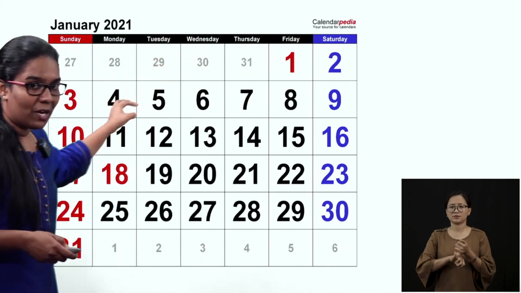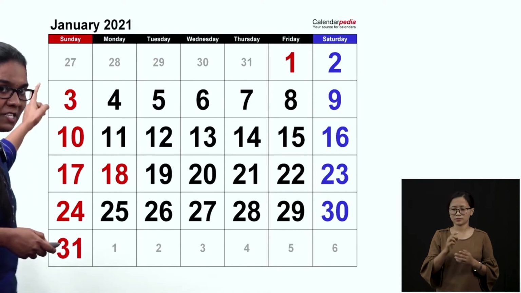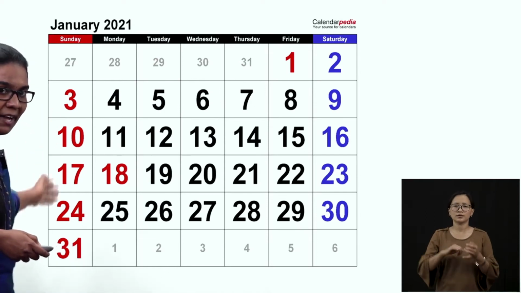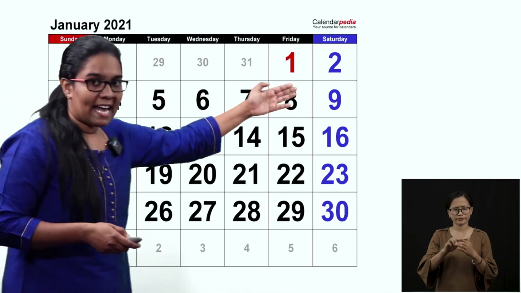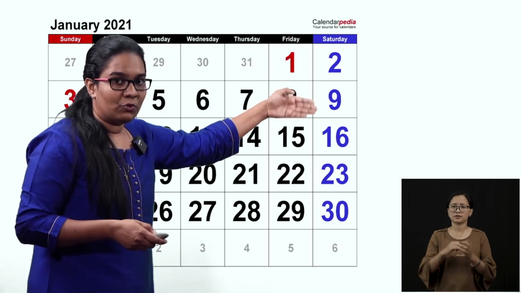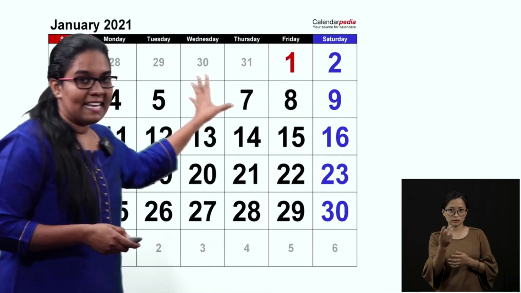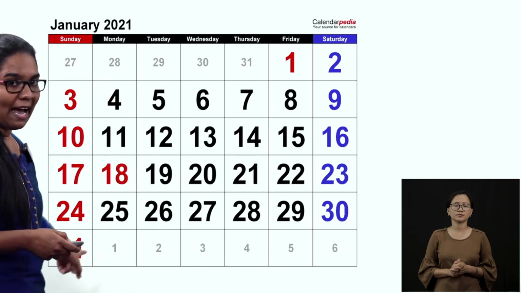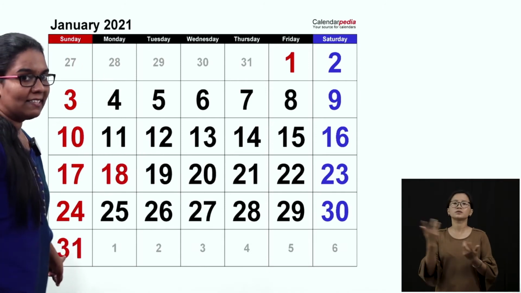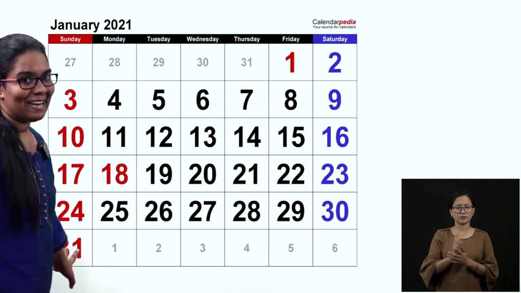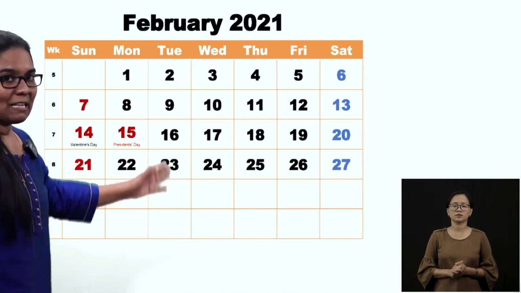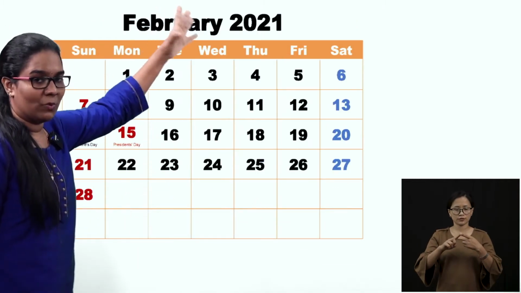In this month January, we can see how many Sundays? 1, 2, 3, 4, 5 Sundays. And how many Saturdays? 1, 2, 3, 4, 5 Saturdays. This January 2021 has a total of how many days? 31 days.